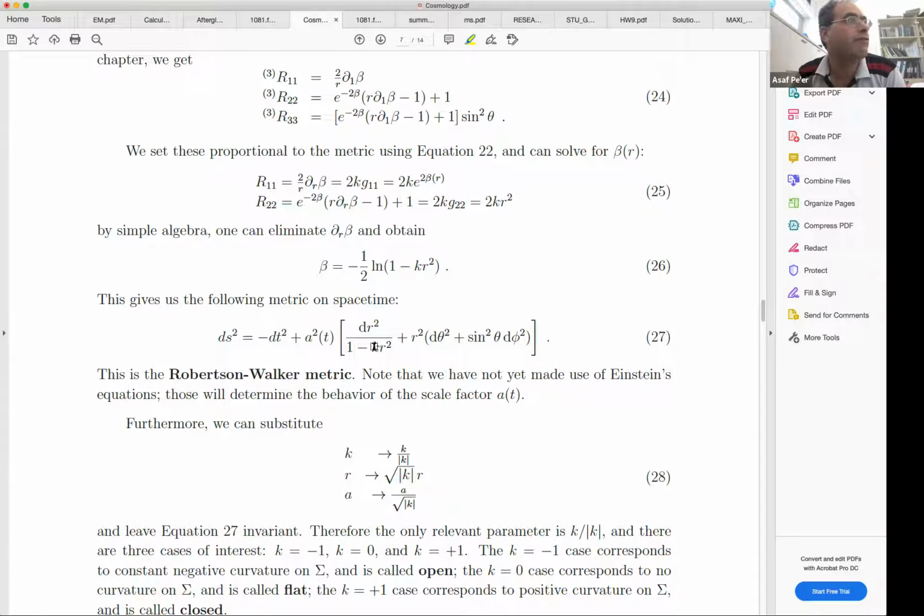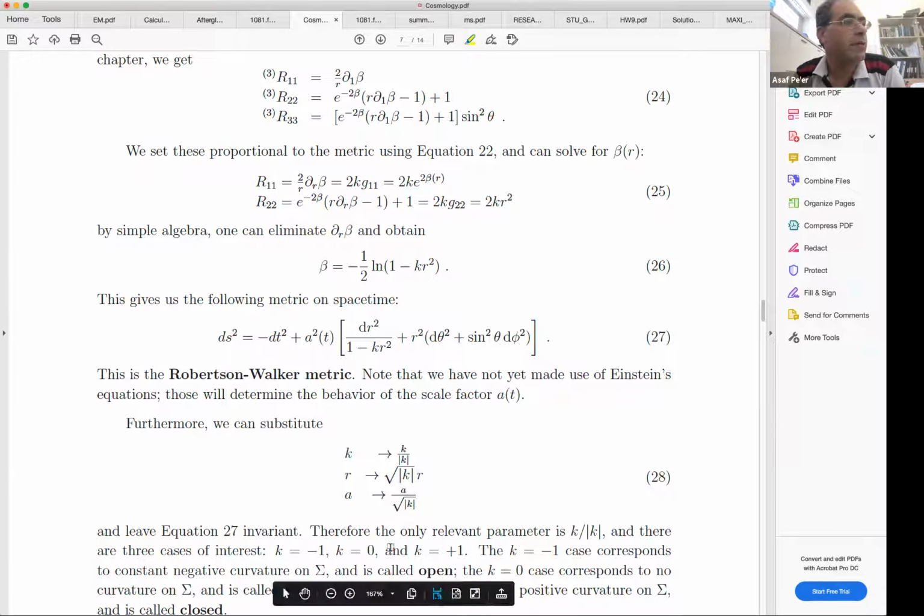If you look very carefully, you see that when k is equal to 0, what is written here is just Euclidean space written in spherical coordinates. Which again makes sense, right? Euclidean space is maximally symmetric. Yeah? K equal to 0, this term disappears, and then I just have dr squared plus r squared d omega squared. This is just Euclidean space, which I wrote in spherical coordinates.